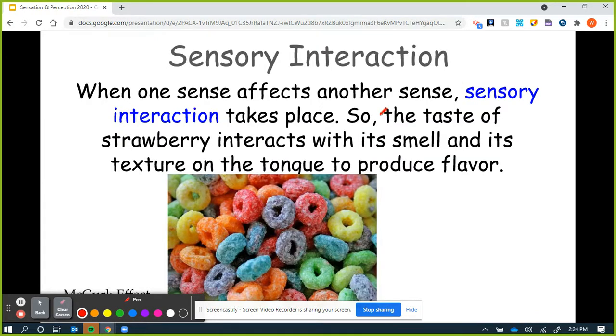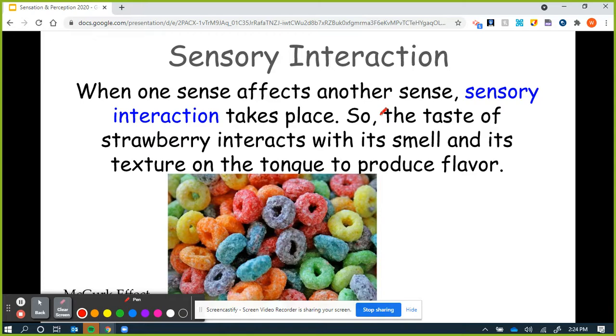And then sensory interaction. All of our senses work together to give us a full picture. Vision is the most important. Vision dominates all other senses, a phenomenon called visual capture. But sensory interaction is when our full perception of something is dependent upon what we see, what we smell, what we taste, and so on and so forth.